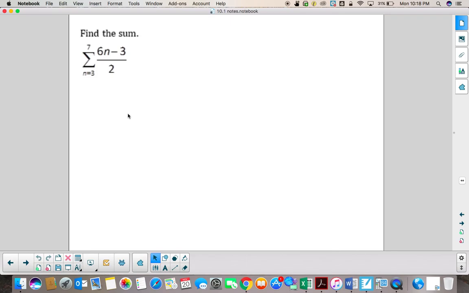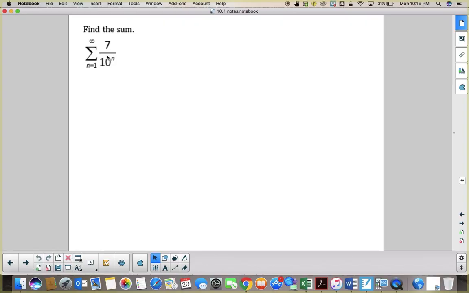If we didn't have our calculator for the very last one, this one means just to keep going, to see what it's approaching. So the first term would be 7 over 10, plus the second term would be 7 over 100, plus 7 over 1,000, and this would keep going.